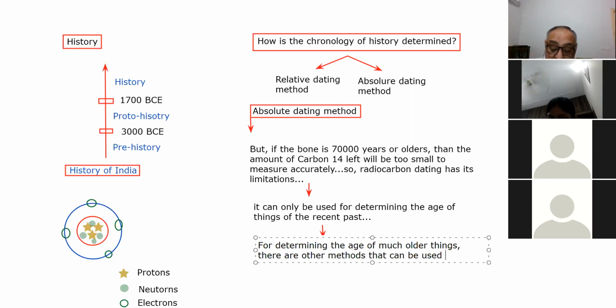So now we will make a table, and from that it will become clear to you what the other methods are that can be used. Is it clear up to this point to everybody?